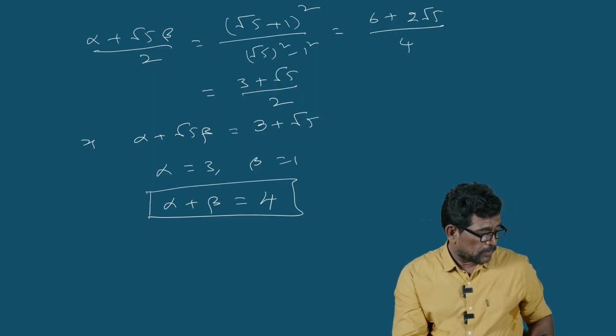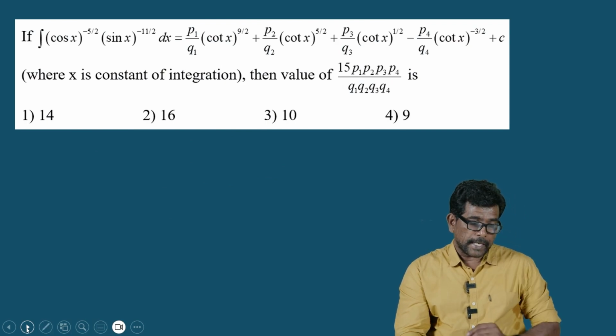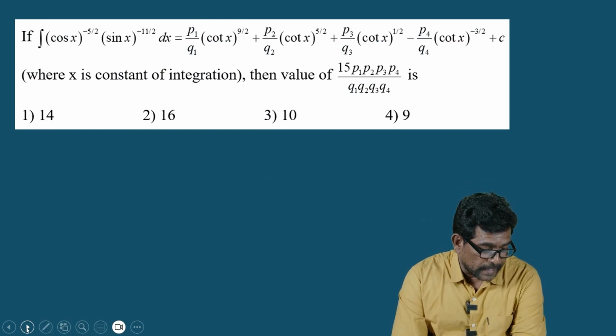Next, the 10th question is related to integration. A direct question from integration.